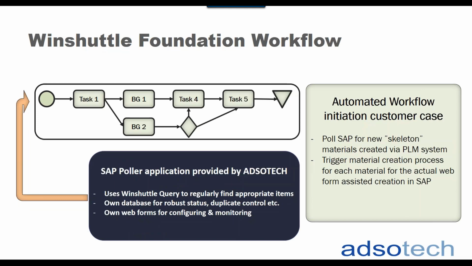Here is one customer example. They are using Winshuttle for the material creation process, and the way it works is that they are using an external PLM system. They enter the basic material information there, and this PLM system then generates skeleton materials into SAP.